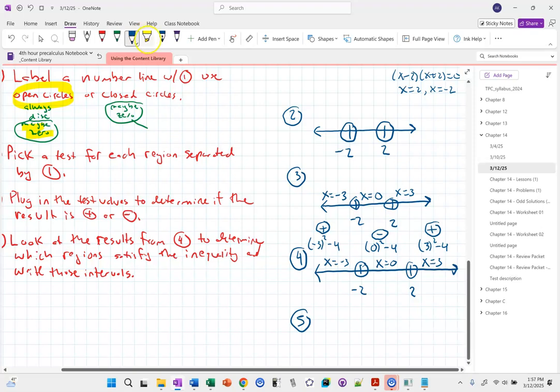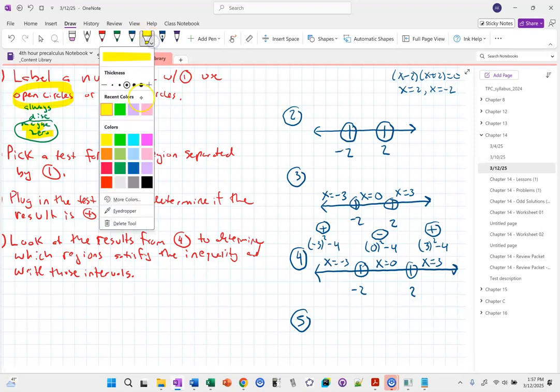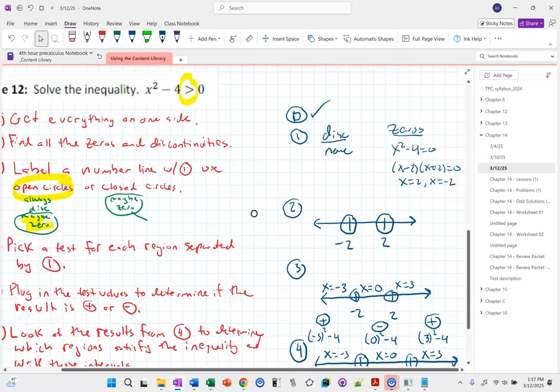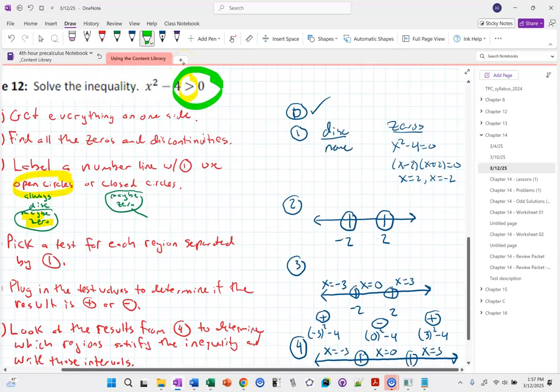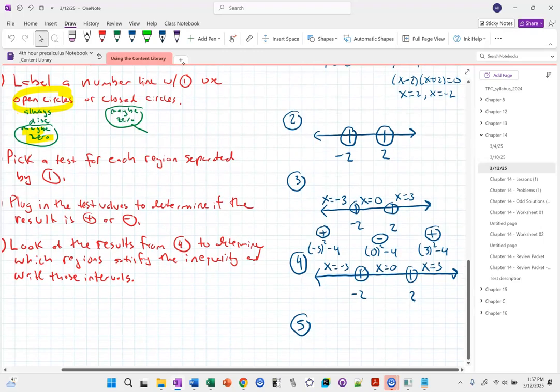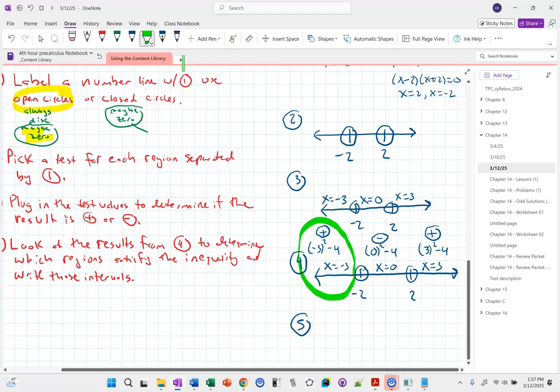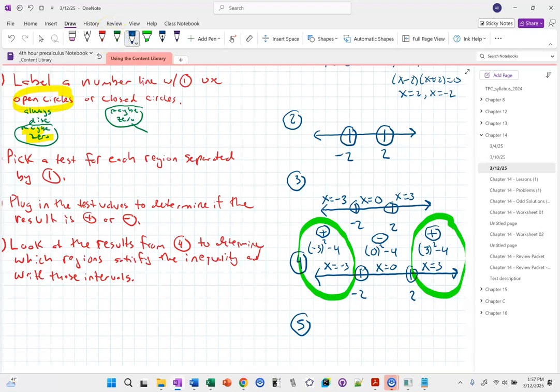So then on step 5, I'm going to look at what I have here. I need greater than 0. So if I look, which regions correspond to greater than 0? The positive ones. So those will be the regions that I want. The first region includes the left-hand arrow, so it starts at negative infinity and goes all the way up to negative 2.